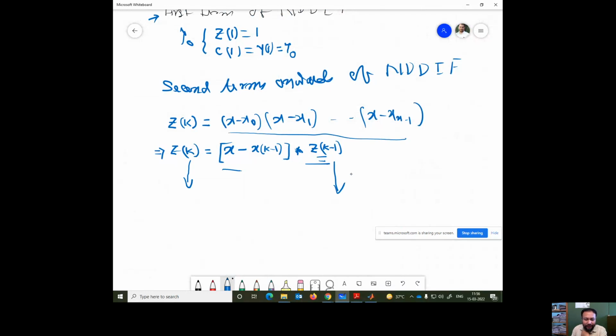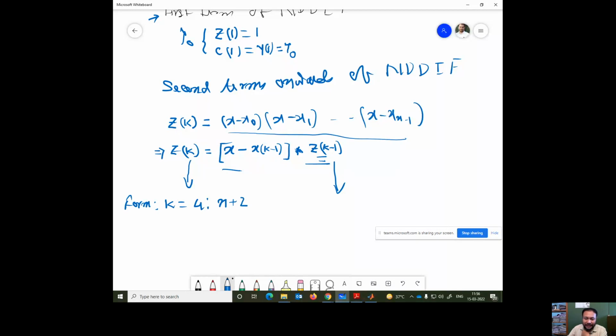Let us explain with an example. Suppose k moves from 4 to n plus 2, with initial value 4 and maximum n plus 2.